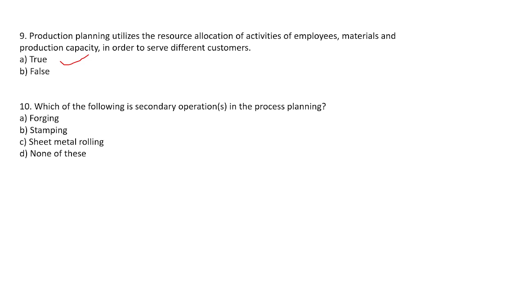Finishing operations include coatings, platings, electropolishing, deburring, heat treating, and cleaning. Among these, stamping is an important part of the secondary operations in process planning, whereas forging and sheet metal rolling are primary operations. So we can say that stamping is the correct option for that.